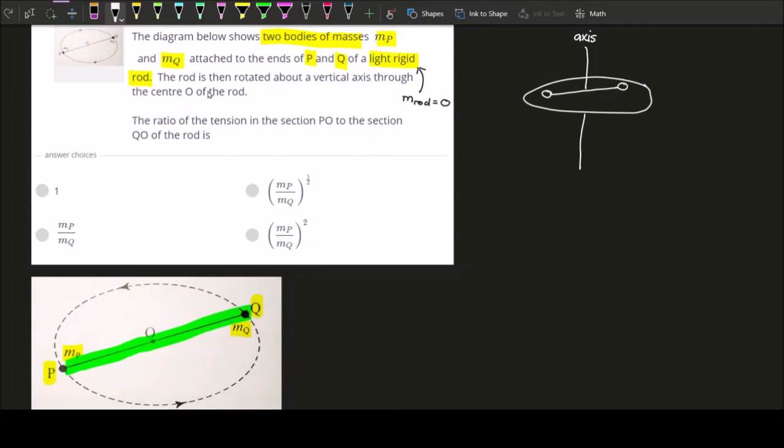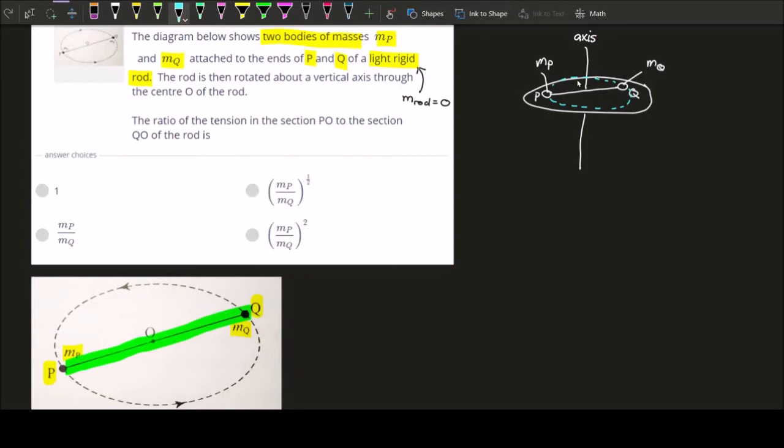Then this is point P, then this is point Q. And here you have mass MP, and here you have mass MQ. And because this rod is a rigid rod, when P rotates this way, Q will also rotate that way. So both of them will be rotating like a circle, something like this. Okay, well, my drawing is even worse, but I hope you get the idea.